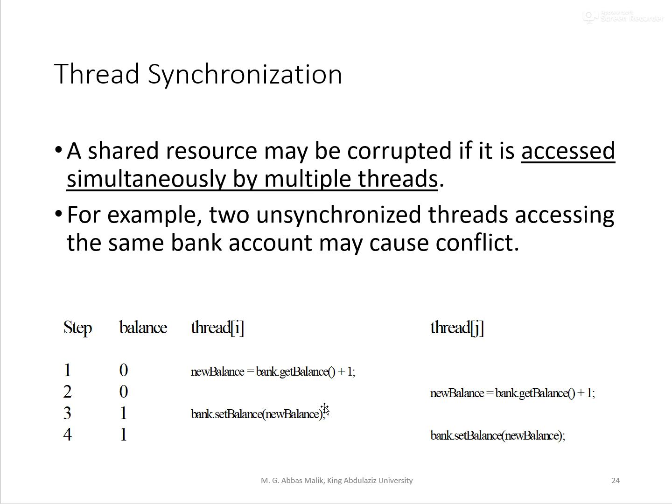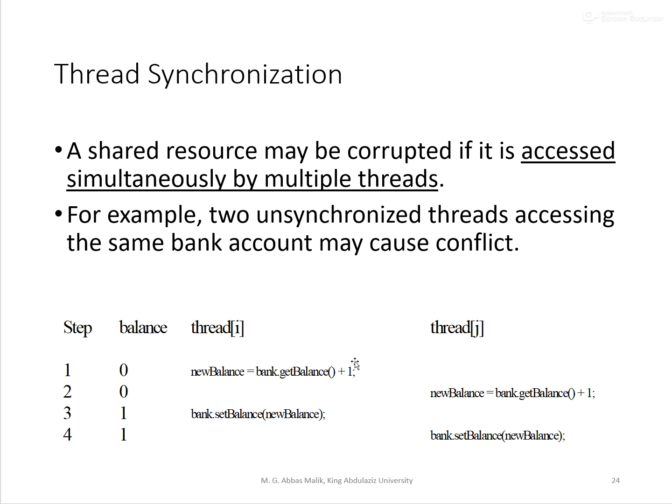And then control of the CPU passes back to the first thread, which then calls the setBalance method on the account and writes this new balance value into the account. So what ends up happening at this step 3 over here, the actual account balance has gone up by 1. And then finally, in the fourth step, control of the CPU goes back to the second thread, and it does the same.